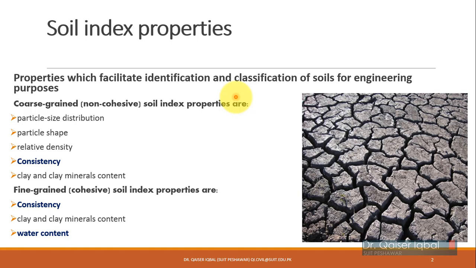So to distinguish one particular type of clay from another clay, or one particular type of sand from another sand, the properties required for that purpose will be the soil index properties. These properties will determine if a particular sand is different from any other sand, or if a particular clay is different from any other clay.